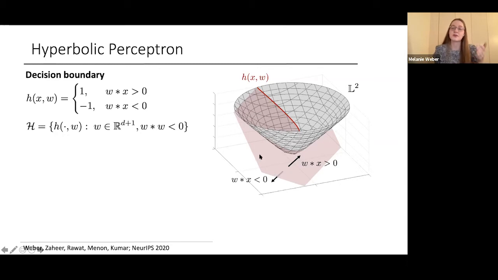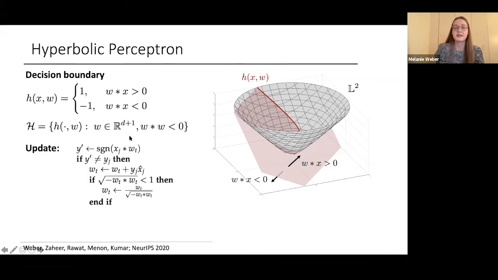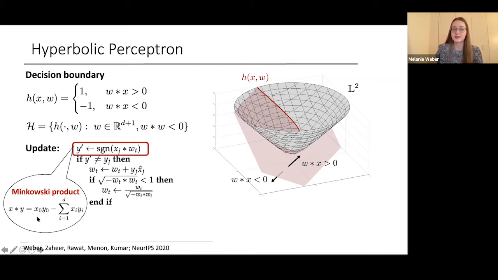Our Euclidean hyperplane is parameterized by a vector W. And then in order to classify a point X on the hyperbolic manifold, we take the Minkowski inner product, which takes the place of the Euclidean inner product in hyperbolic spaces. Based on the sign of the Minkowski product, we classify the point into one of the two classes.